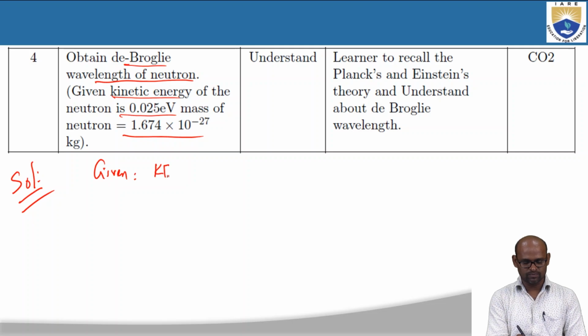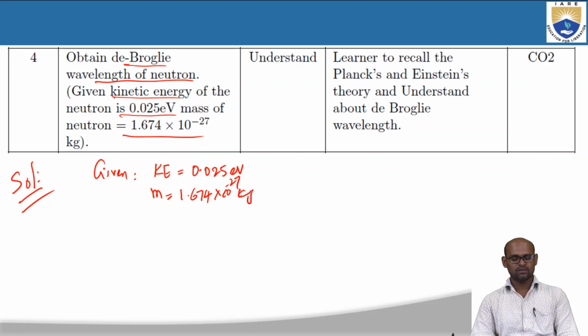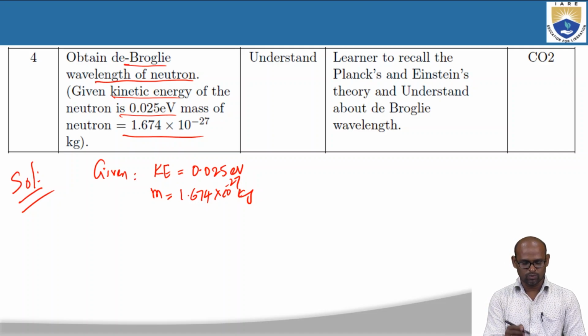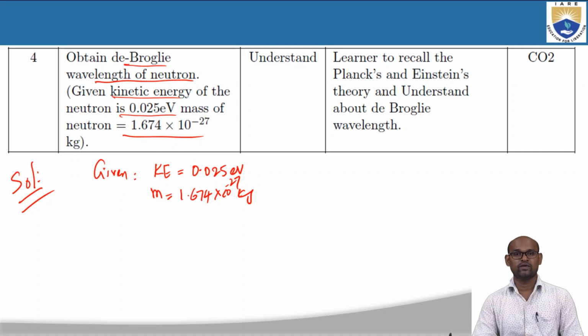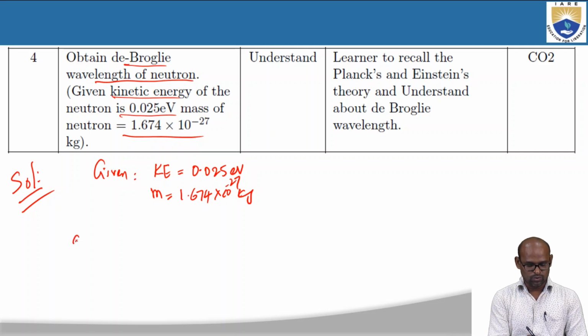The kinetic energy of the neutron is 0.025 electron volts. They have also given the mass, which is 1.674 × 10^-27 kg. There is a direct formula for the de Broglie wavelength where the input is given as kinetic energy. So, de Broglie wavelength.